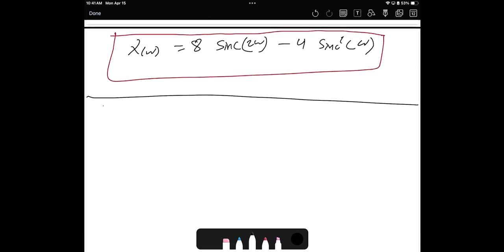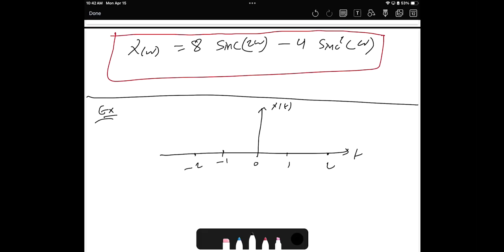Basically here, I just want you to learn the tool and how to split the function to do different things. So I'm going to assume we have t here, here is x of t, then negative 1, 0, 1, 2, negative 2. So it will be this. So we're going to do this one.